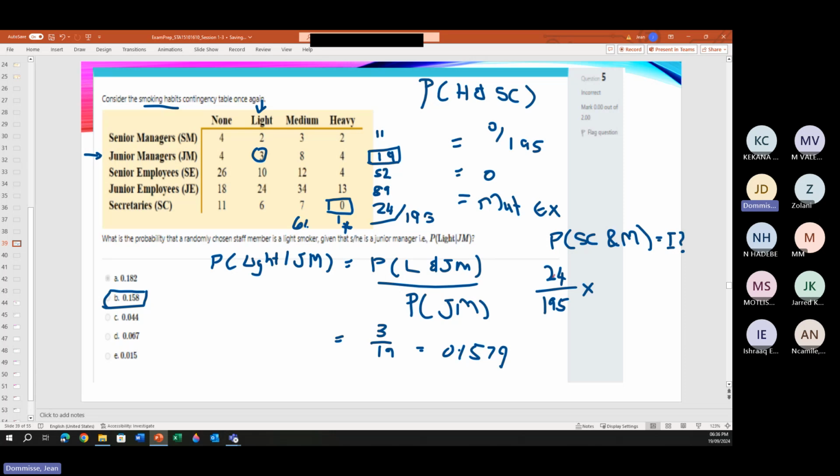We get that as 64. So 24 over 195 times 64 over 195. I get a very small 0.04.